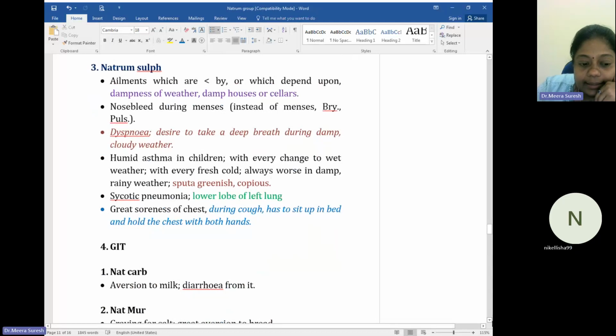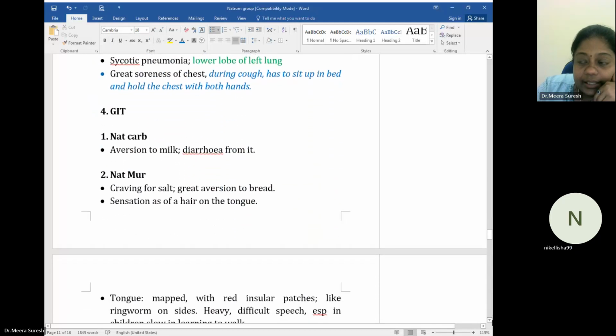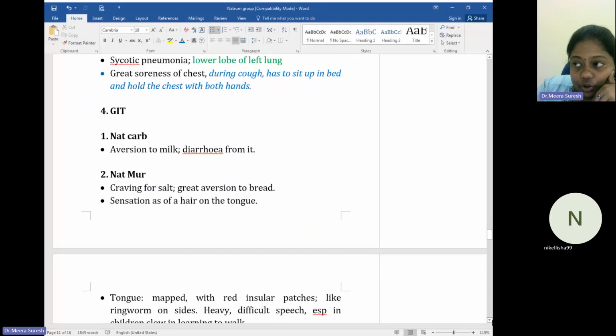In GIT, mostly among the Natrums, though I have put some symptoms here, the most important medicine for the GIT complaints is Natrum phos. Natrum phos is usually given for acidic complaints or indigestive complaints as a biochemic remedy.